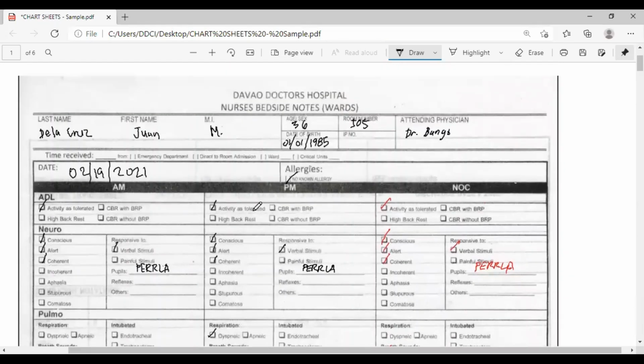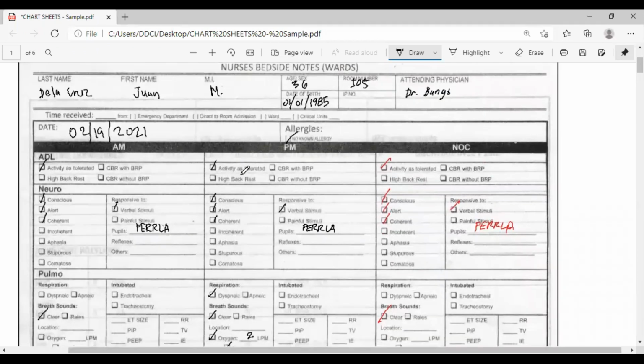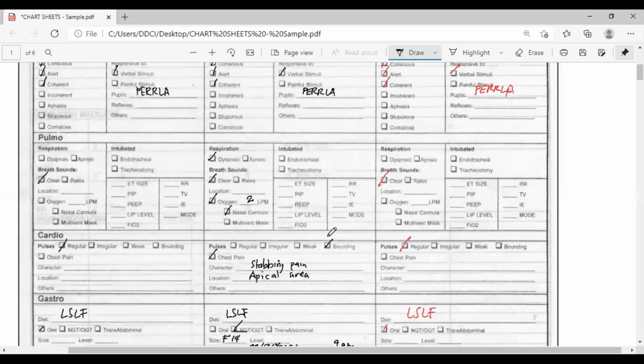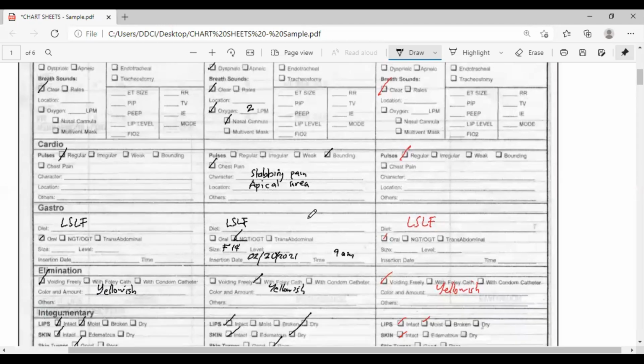Then another, the PM nurse. For the PM nurse, the patient had oxygen, as you can see here, oxygen with 2 liters via nasal cannula. Then we have pulse is bounding with chest pain, character is stabbing pain, location at the apical area. Then low salt, low fat diet, or we have here NGT.